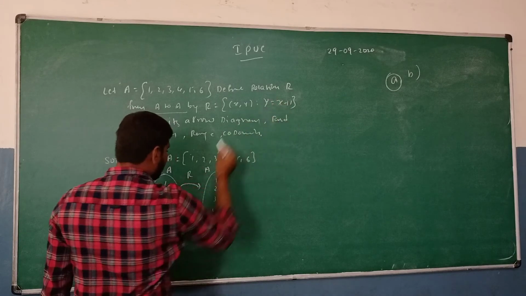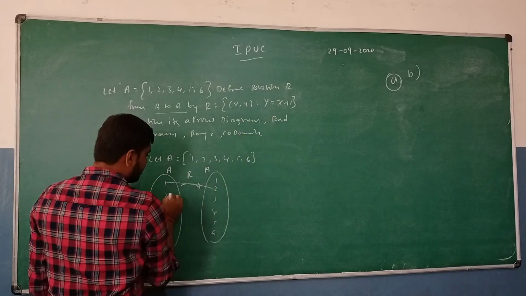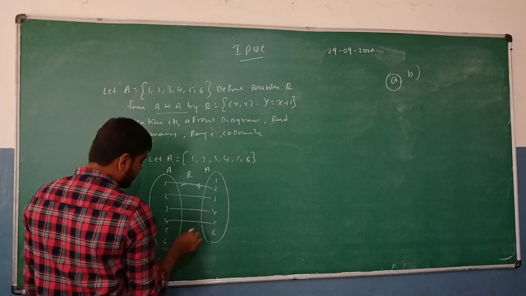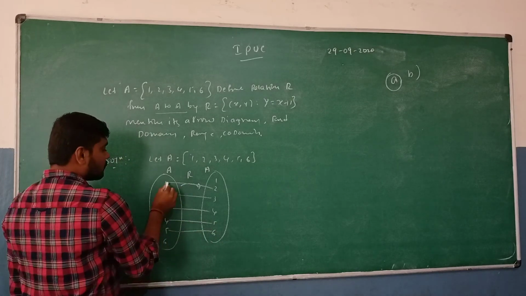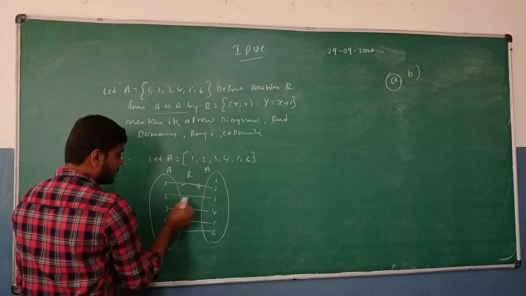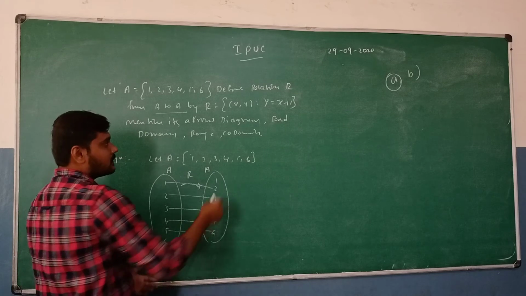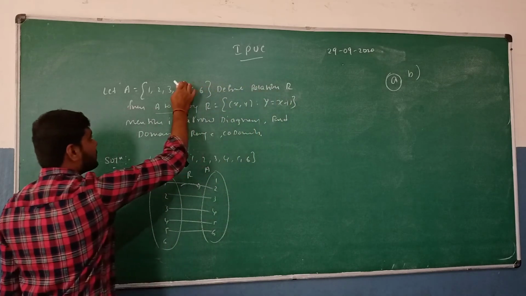So 1 plus 1 is going to be 2, so 1 to 2. When x is equal to 2, it's going to be 3. When x is equal to 3, it's going to be 4. When x is equal to 4, it's going to be 5. When x is equal to 5, it's going to be 6. Means here 1 to 2, 2 to 3, 3 to 4, 4 to 5, 5 to 6, and for 6 there will be no number, because 6 plus 1 is going to be 7. 7 is not a member of the given set A.